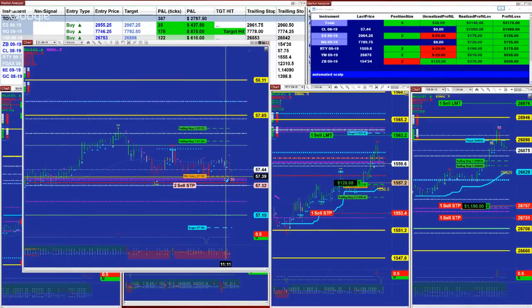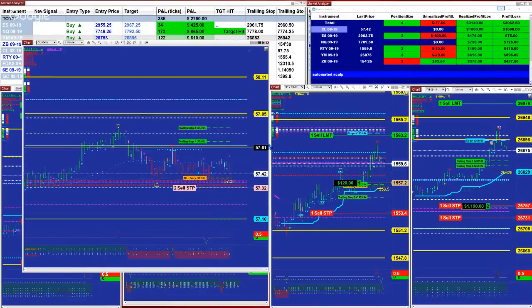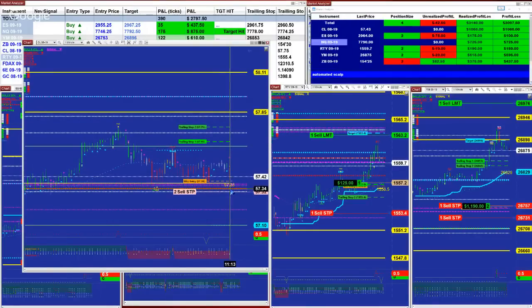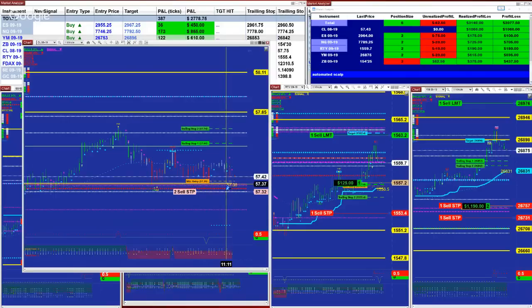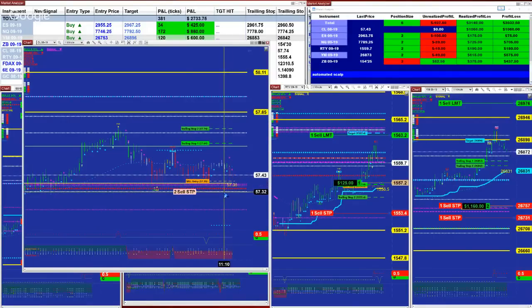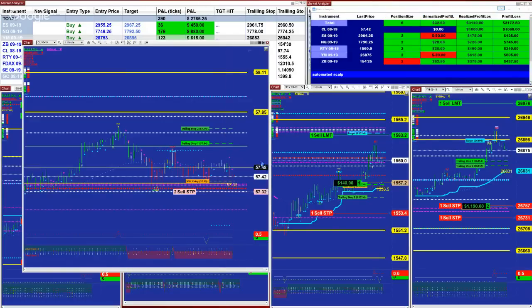The calculation was at 57.39, and we have a lot of support area, plus the true average of price is 57.38. So this is a very thick wall, and we said to put the limit order sell at 57.32.